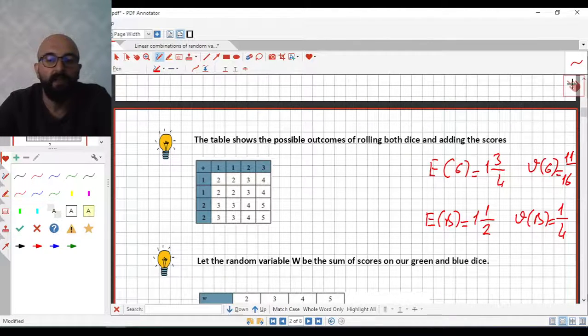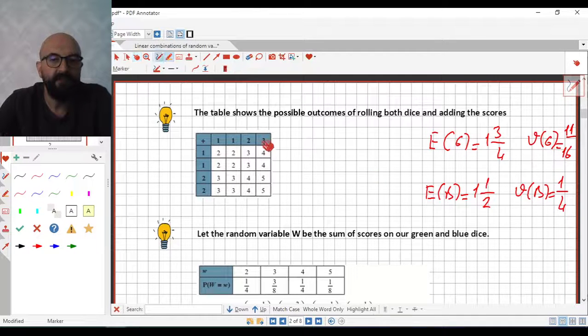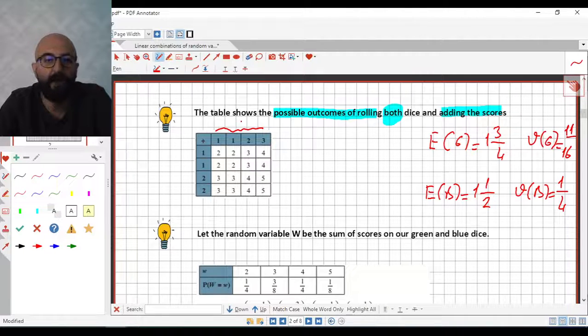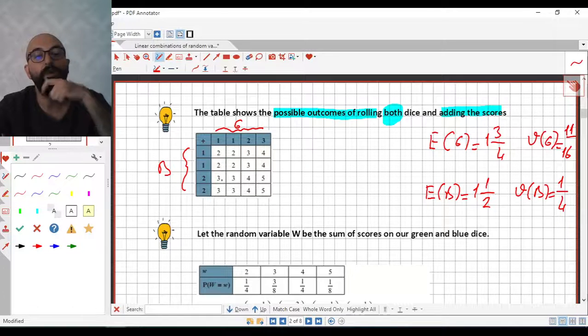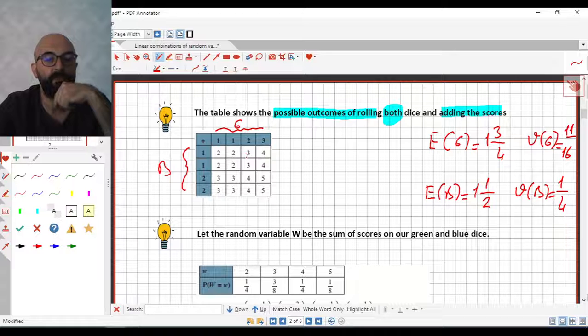Okay, now the table shows the possible outcomes of rolling both dice and adding the scores. These numbers are about green, these numbers about blue. So 1 plus 1 is 2, 1 plus 1 is 2, 2 plus 1 is 3, 3 plus 1 is 4, and so on.